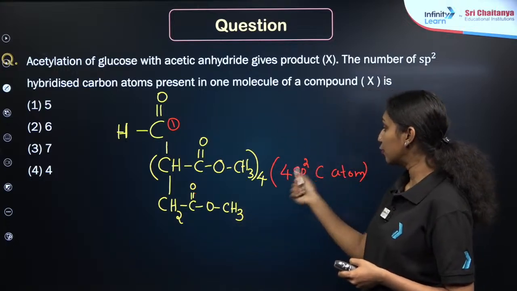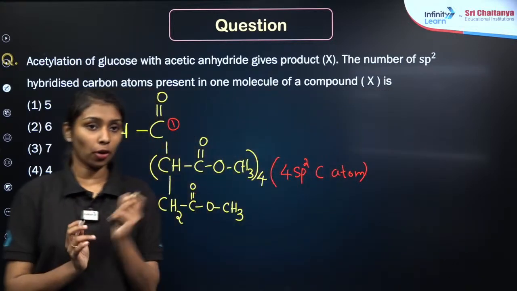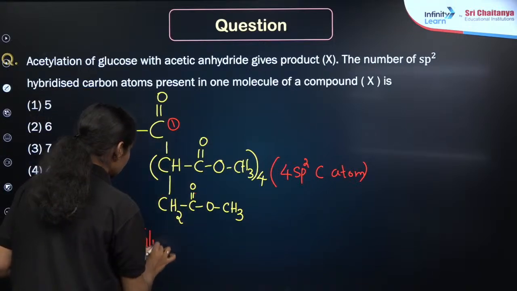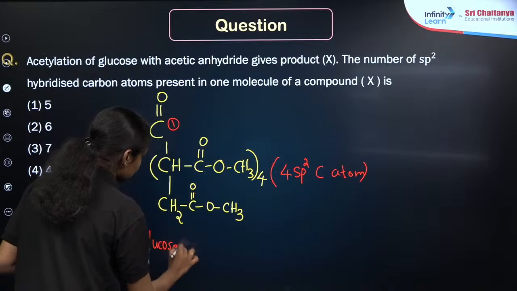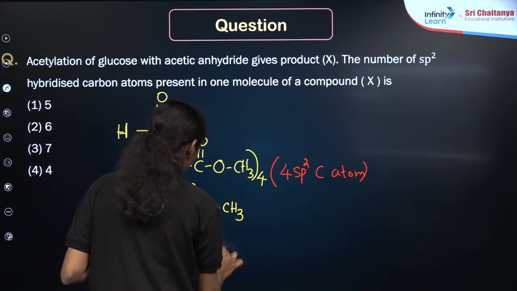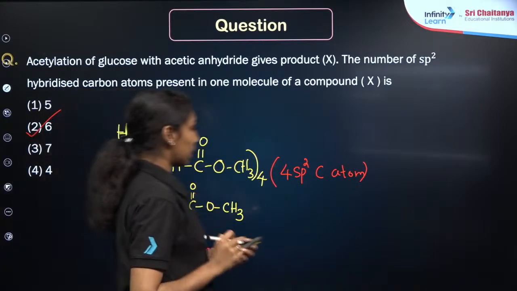So in total 4 plus 2, 6 sp2 hybridized carbon atoms are present in the product of acetylation of glucose. This product is known as glucose pentaacetate. Option B, option 2 will be the correct answer, 6.